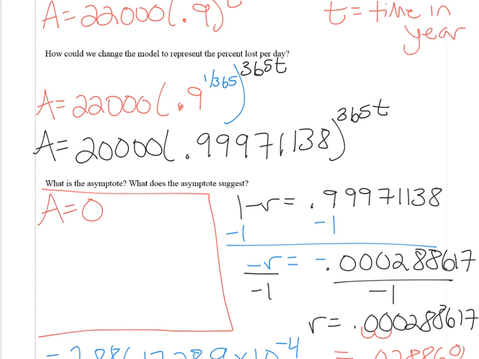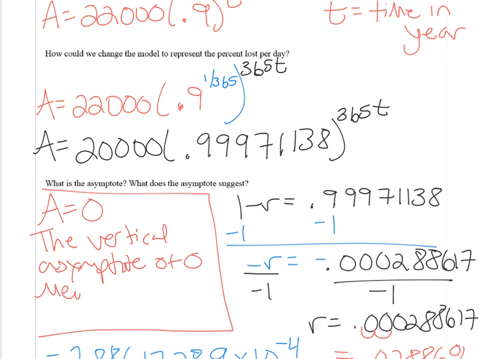What does it suggest? The asymptote of 0 means the car value will never reach 0 or be negative.